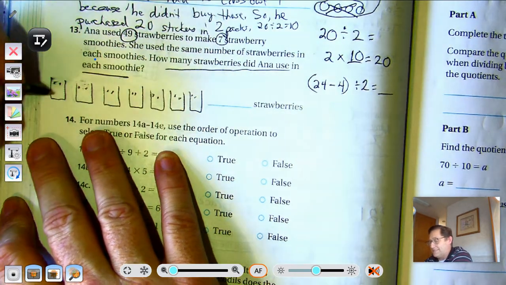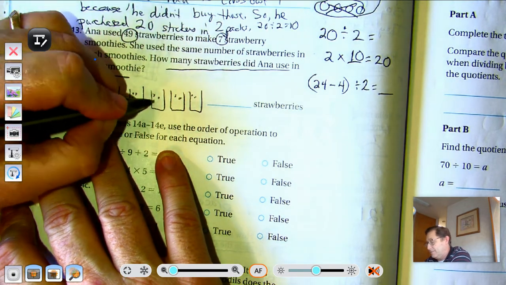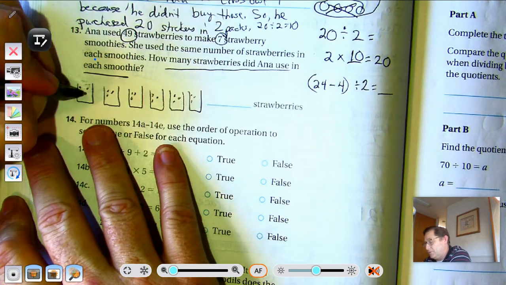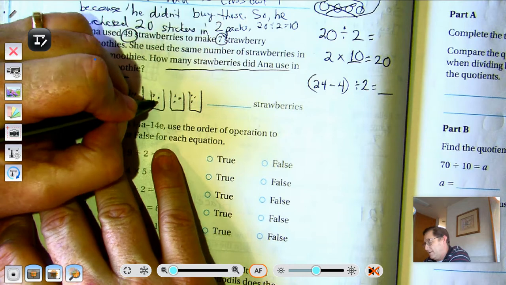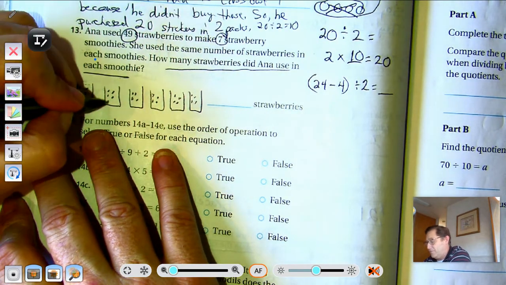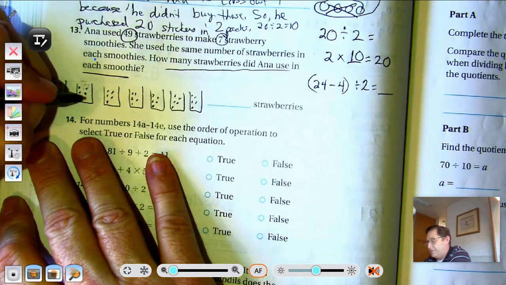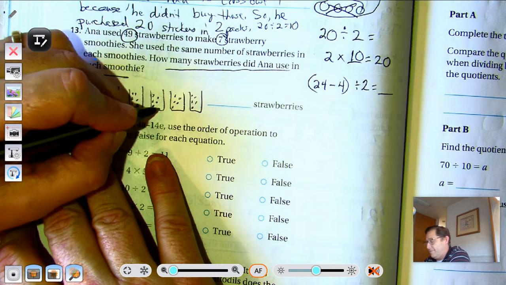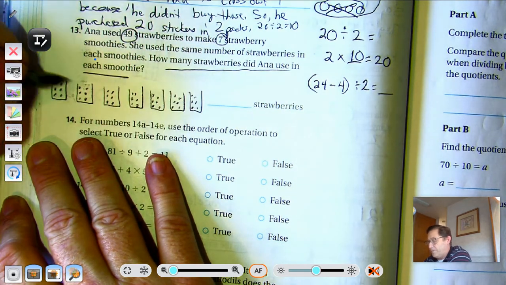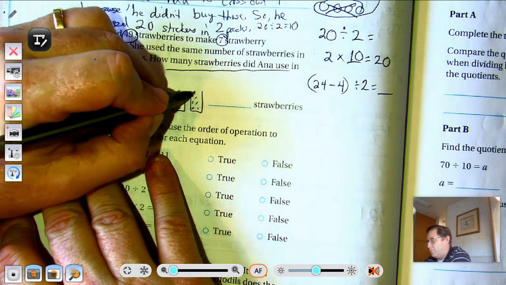So that's 14. 7 plus 7 is 14. 14 plus 7 is 21, 22, 23, 24, 25, 26, 27, 28, 29, 30, 31, 32, 33, 34, 35, 36, 37, 38, 39, 40, 41, 42, 43, 44, 45, 46, 47, 48, 49.